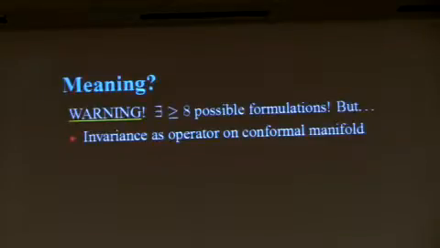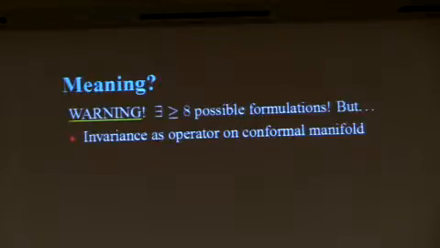So at least what I have in mind here is that there's some operator that you're going to write down in the first instance on a Riemannian manifold, like the Laplacian or something like that, and it's going to interact with conformal transformations, or conformal scalings, in a very, very nice way. So this is going to be something that you can check by computation at least, even if you don't know what the definition is.